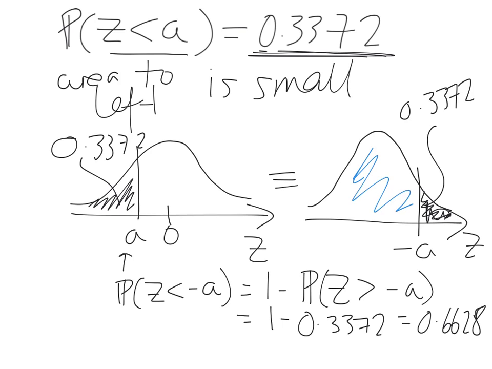So now we're able to look this up in the table, and that will tell us what minus a is. And so we find out that minus a equals 0.42. Therefore, a equals minus 0.42, which makes sense because it's this side of 0.